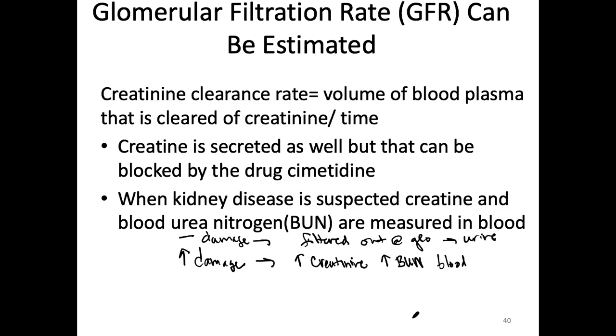So you can measure the urea and the creatinine in the urine. When the glomerulus is damaged, when that endothelial lining is damaged, the more damaged it is, the less waste products get filtered out, and the more of those waste products stay in the bloodstream. And so clinicians can tell how much damage there is of the glomerulus based on the levels of creatinine and blood urea nitrogen in the bloodstream.